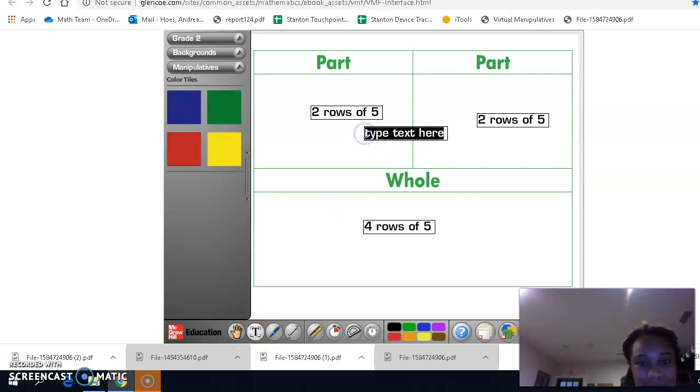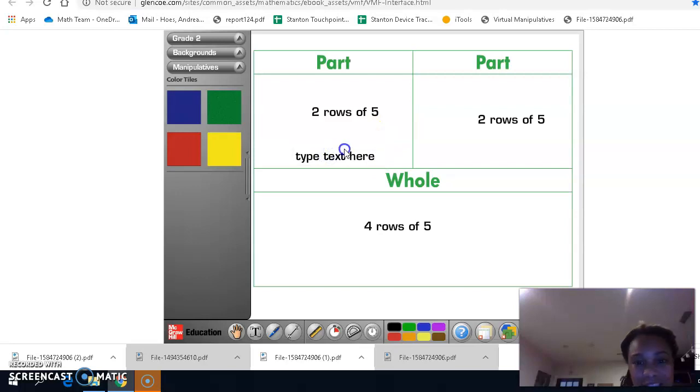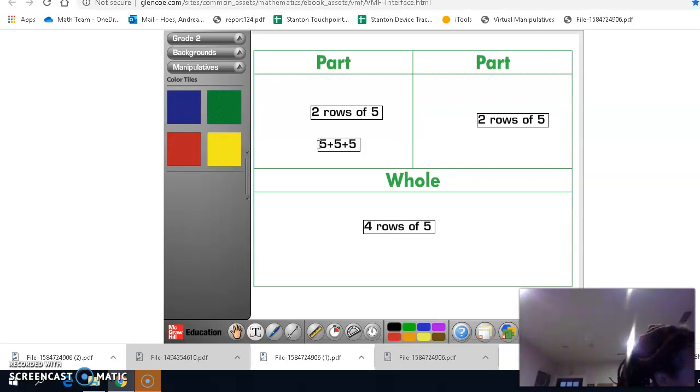So I'm going to come back up here and I want to move this over here and I'm going to write 5 plus 5 plus 5 plus 5 plus 5 represents the rectangle before we decomposed it.